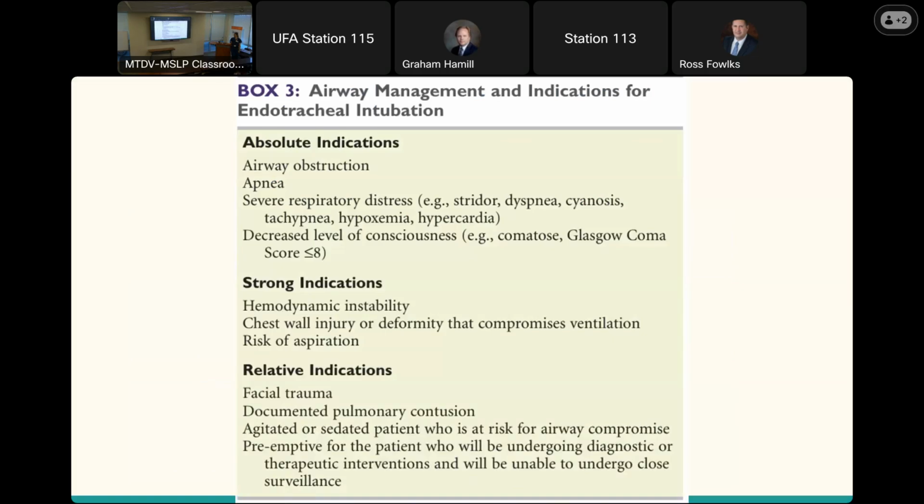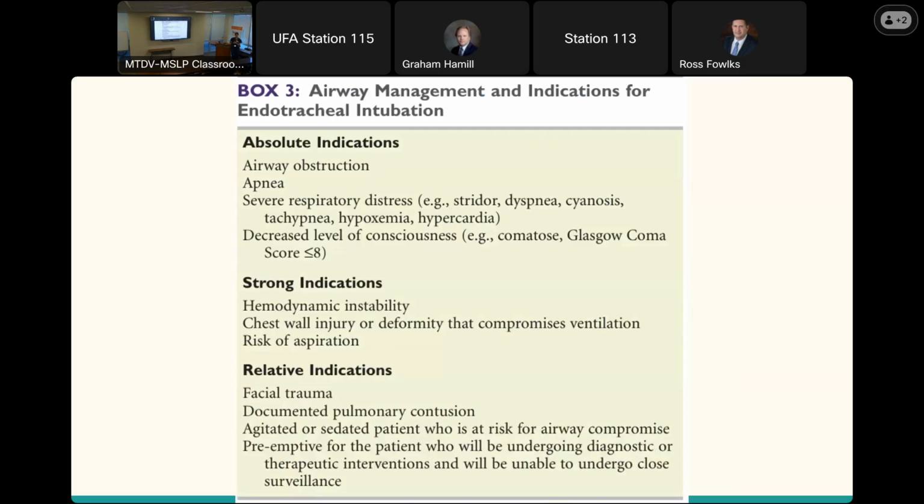Okay, so what are the absolute indications for someone who needs to be intubated in the pre-hospital setting? Obviously, they're not protecting their airway. GCS less than 8 is the standard teaching, but I would say that between 9 and 12, use your best judgment.